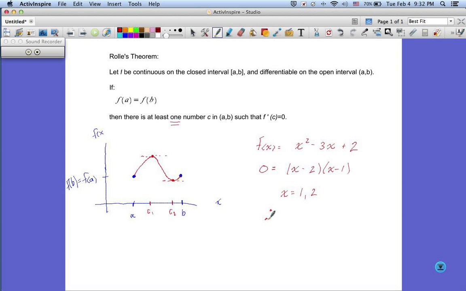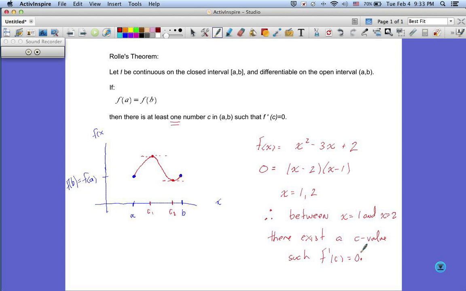Therefore, between 1 and 2, there exists a C value such that f prime of C equals 0.